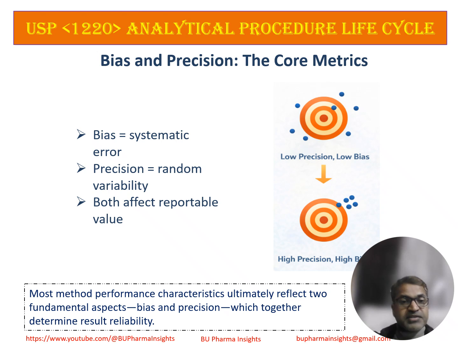Bias and precision, the core metrics. Bias is systematic error. Precision is random variability. Both directly affect the reportable value. Most performance characteristics trace back to these two, bias and precision, which together determine result reliability.